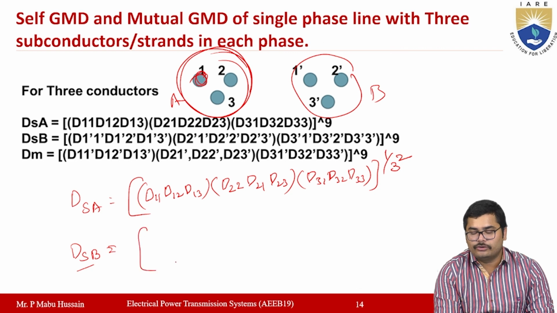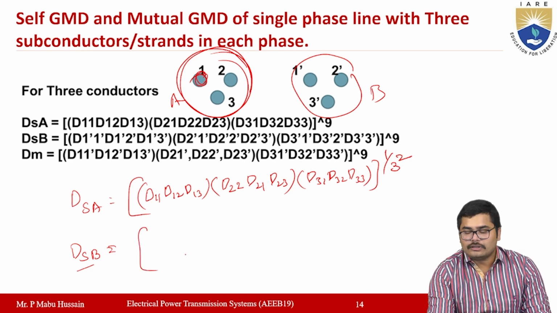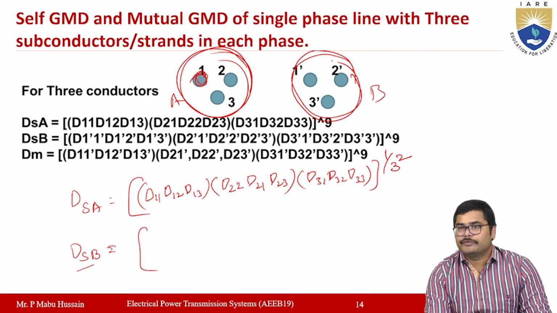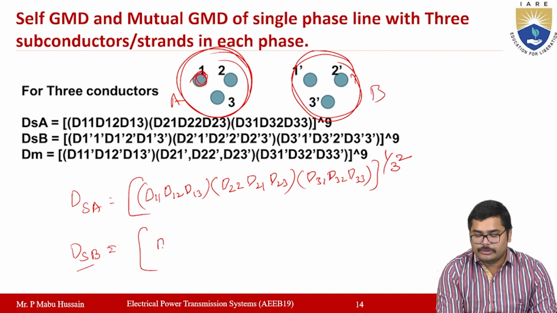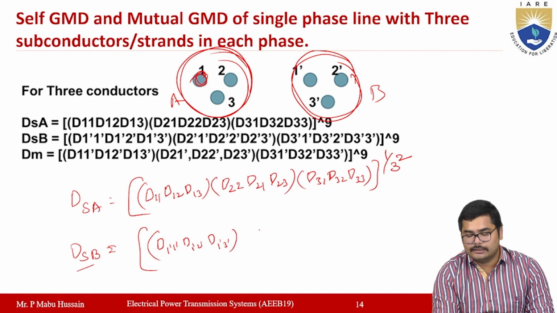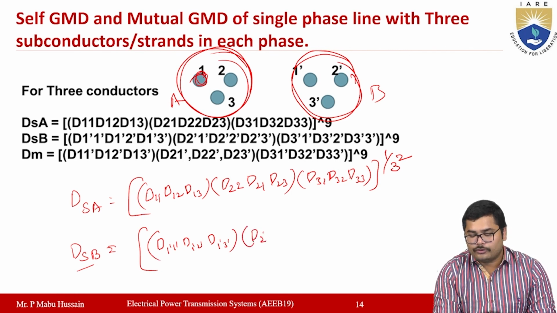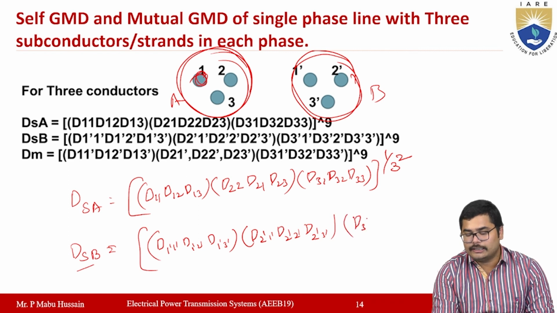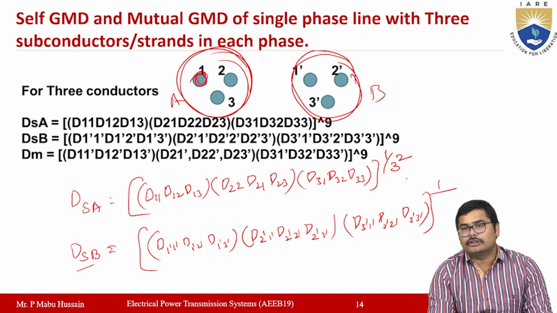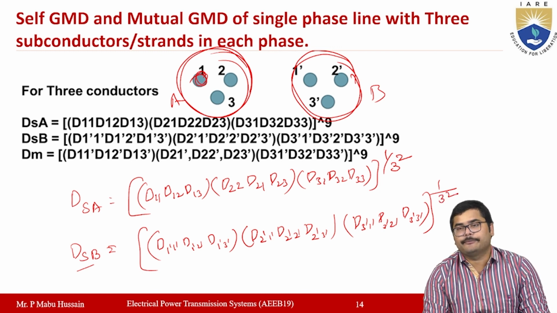DSB is equal to, you have to consider the subconductors of conductor B one by one and write all possible distances, which are D1 dash 1 dash, D1 dash 2 dash, D1 dash 3 dash, which is one set, then D2 dash 1 dash, D2 dash 2 dash, D2 dash 3 dash, into, if you consider the third one, D3 dash 1 dash, D3 dash 2 dash, D3 dash 3 dash, whole to the power of 1 by the number of conductors square, again 3 square you will get.